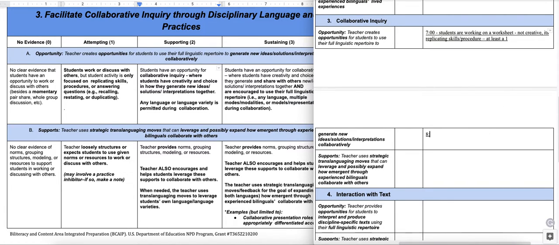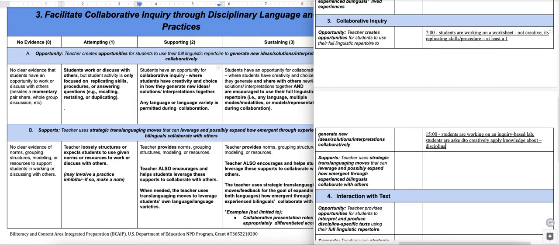So you might see, okay, it's 8 minutes. No, we would need to be a couple minutes later. So let's say it's 15 minutes in. Students are working on an inquiry-based lab. Students are asked to creatively apply knowledge about, I don't know, whatever the disciplinary topic is for the day.